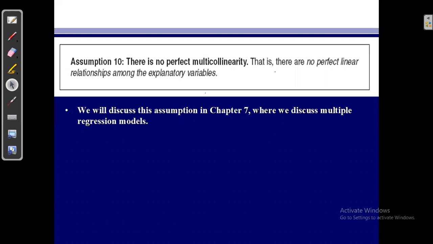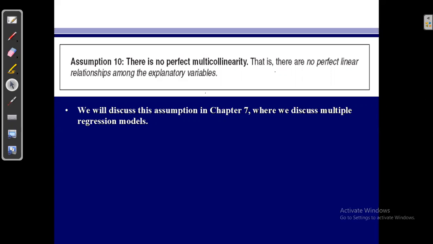Keep in mind that here I'm talking about the included explanatory variables. When I was talking about the assumption of exogeneity, there I was saying that there is one variable x which is included in the model, and then there are other explanatory variables which are not included, right? And you are talking about the correlation between the included and the excluded.